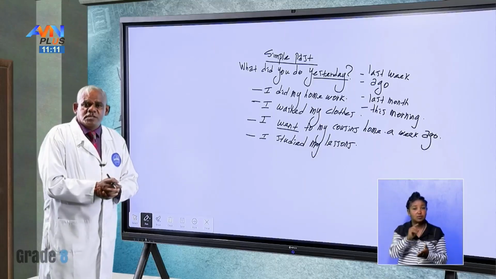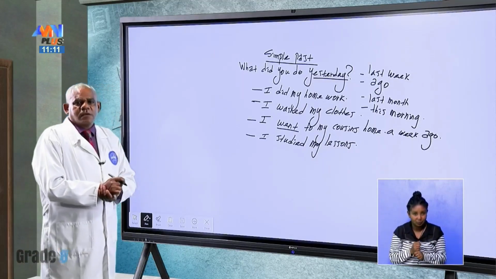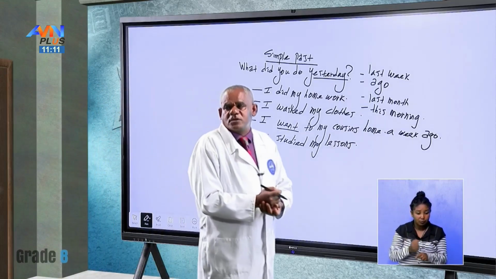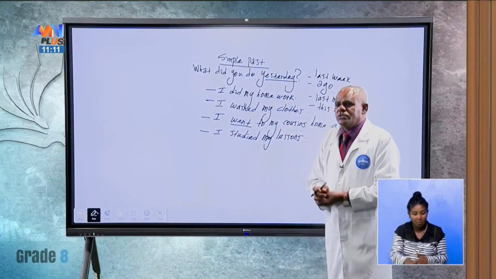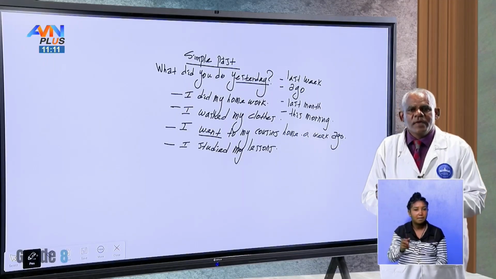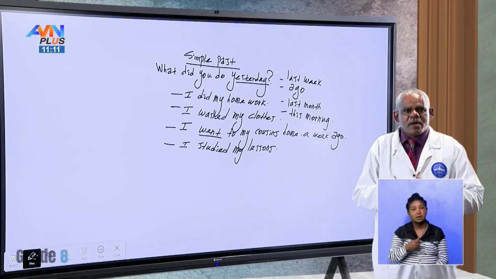If you are doing something now, then on the following day you are welcome to narrate or talk to your friends about what you did at home yesterday. And then you will tell like this: I did my homework, I washed.